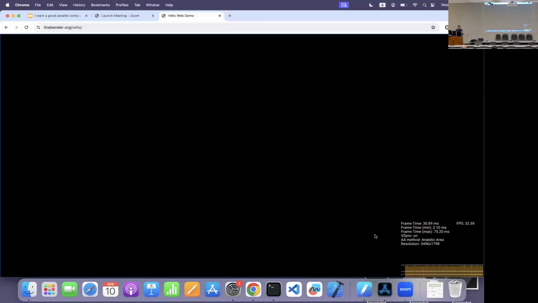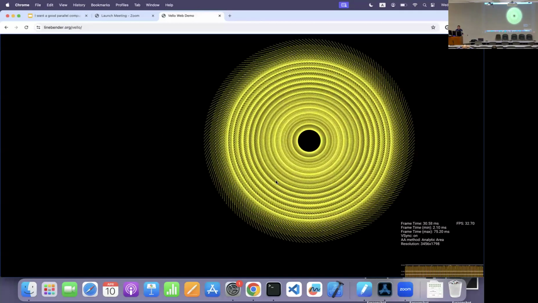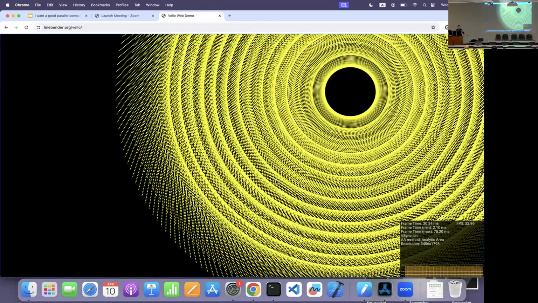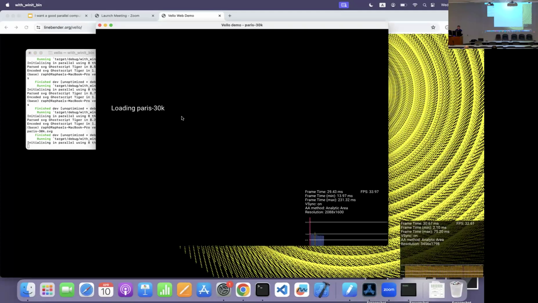So this is the, whoops, zoomed too far out. So you can see the FPS counter is starting to degrade a little bit, but this is a pretty complex scene. This is not that easy. I'll show you another one that I have lined up. It's a good demo. This is a map of Paris.